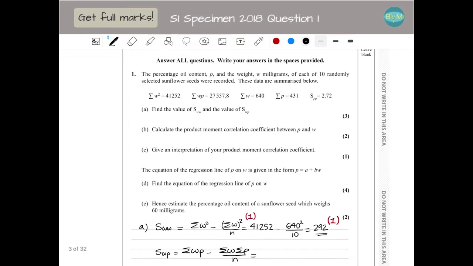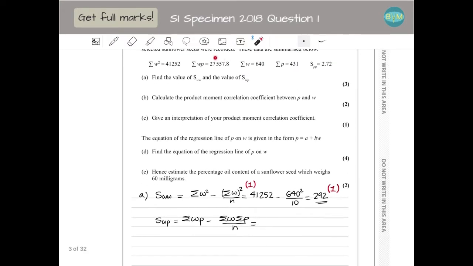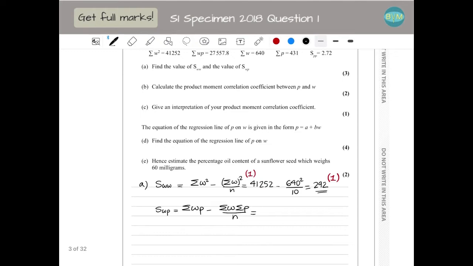The summation of WP is this super big number here, given: 27,557.8, minus the sum of W, 640, times the sum of P, 431, all divided by 10. And this is going to be minus 26.2. This is the third mark. They don't give you another mark for knowing the formula, just for the final answer.